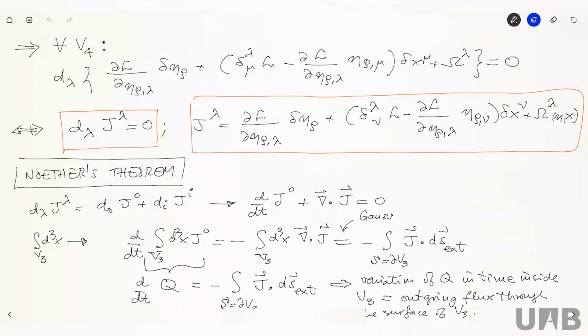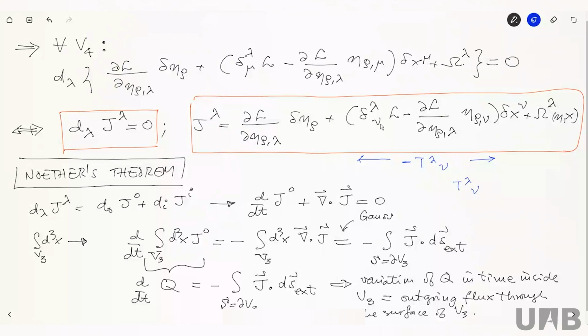Something that I didn't say the last day, and that I'm going to say right now, is that this piece here in parentheses has a name. This is called minus T lambda nu. So it's a tensor, it has two indices, lambda and nu, and the minus sign is conventional.